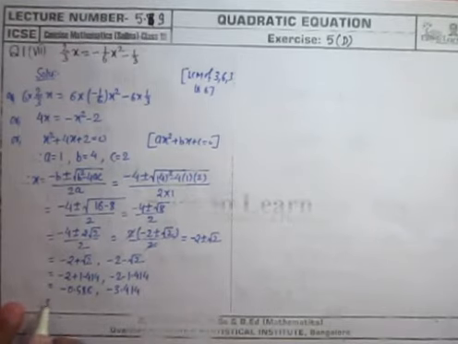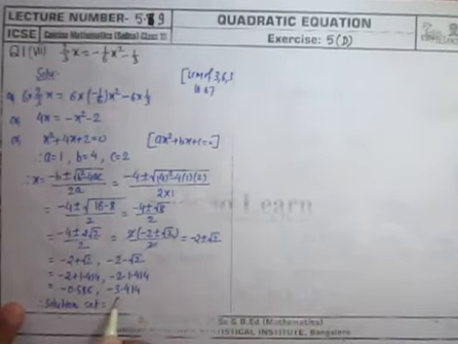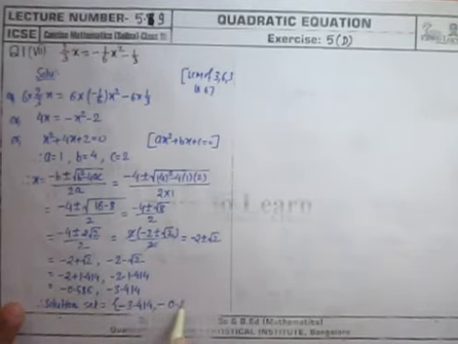So solution set is equal to curly bracket minus 3.414 comma minus 0.586.